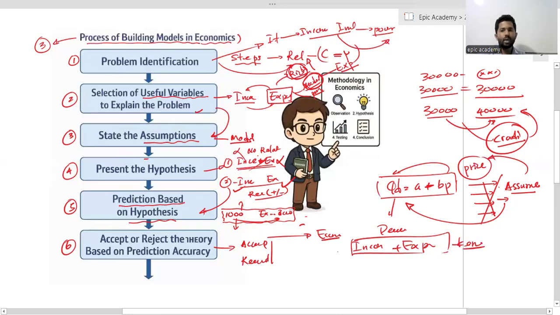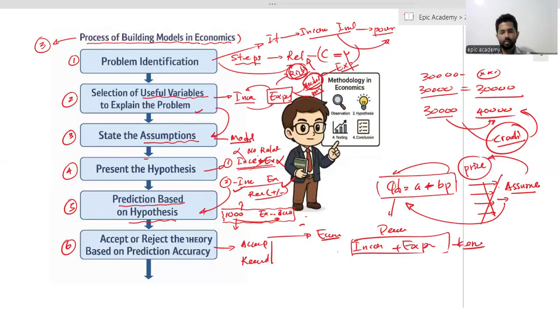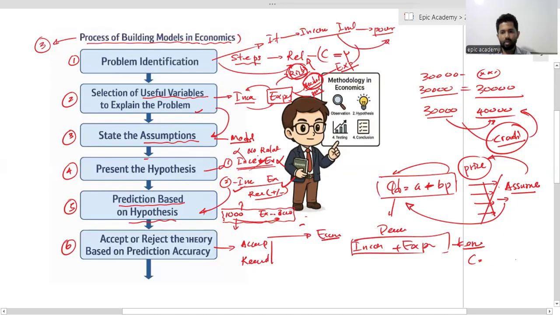Keynesian model means John Maynard Keynes developed a theory related to income and expenditure, something like that one. C equals A plus BY. According to John Maynard Keynes, the combination between consumption, expenditure, and income, Y represents the income of the people. It creates a positive relationship.